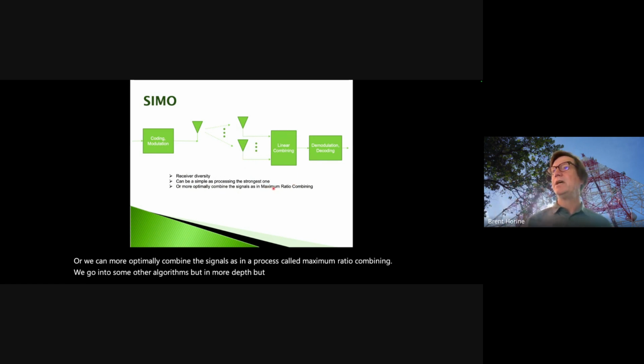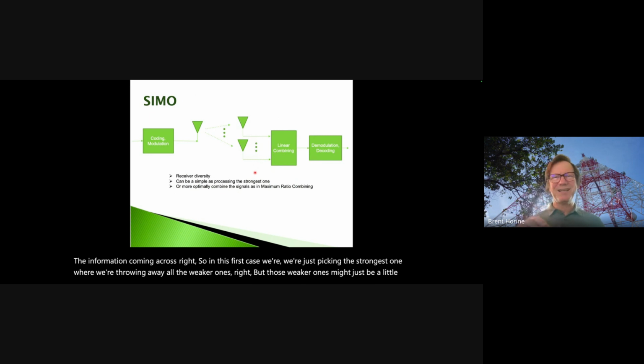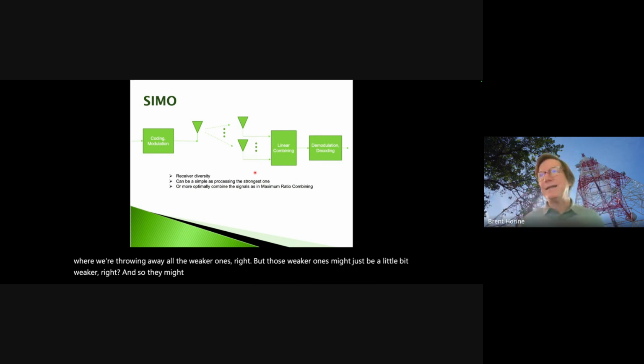But basically, you can think of it as how can we take the information that's provided in both of these and combine it in such a way that we're maximizing the information coming across, right? In this first case, we're just picking the strongest one, and we're throwing away all the weaker ones, right? But those weaker ones might just be a little bit weaker, and so they might actually add a lot of information. So that's the idea there.